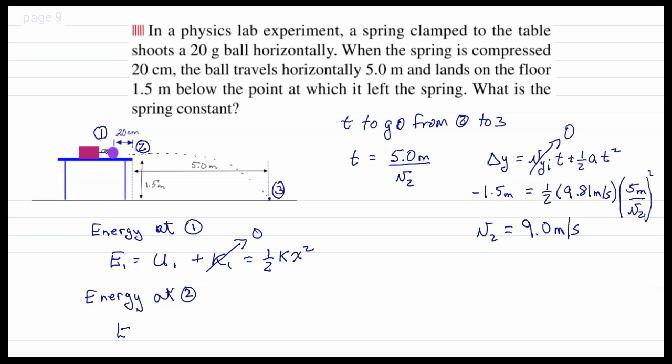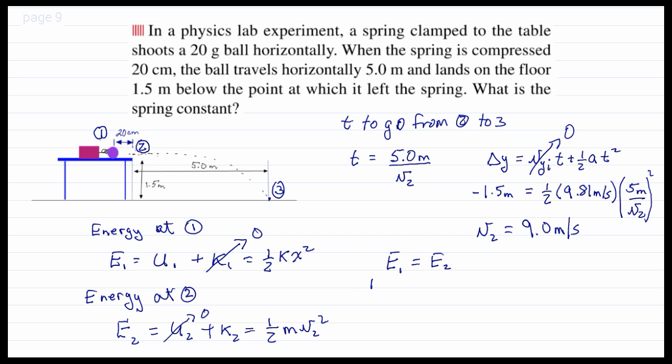So the energy at 2 is equal to, again, the sum of the potential and kinetic energies. Our potential energy now is 0, and we just have kinetic energy, which is 1/2 mv2 squared. And conservation of energy says that our energy at 1 has to equal our energy at 2.